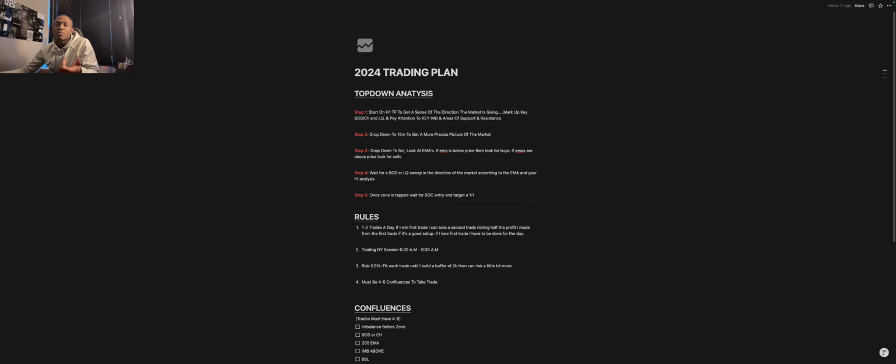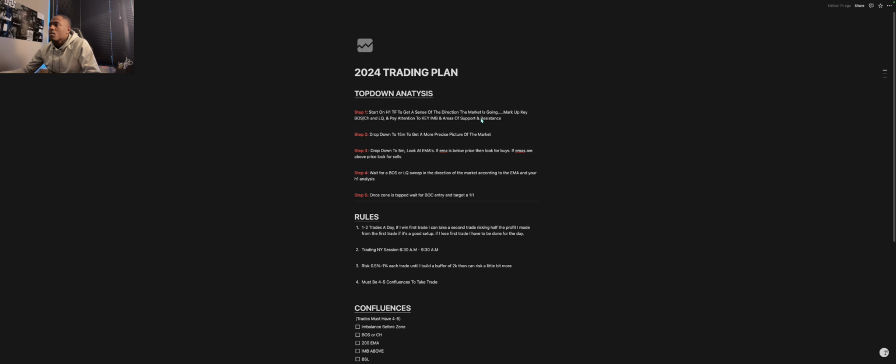50K Express. So for Top Step, for top-down analysis, I start on step one. I start on a higher time frame, which is the 1 hour time frame, to get a sense of direction of where the market is going.